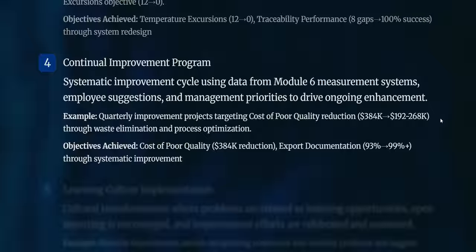Examples include quarterly improvement projects targeting cost of poor quality reduction through waste elimination and process optimization. Objectives achieved include cost of poor quality reduction and export documentation accuracy improvement through systematic improvement.